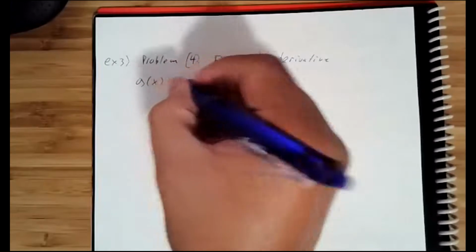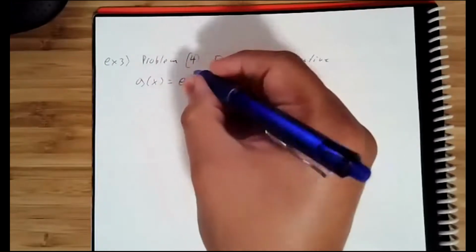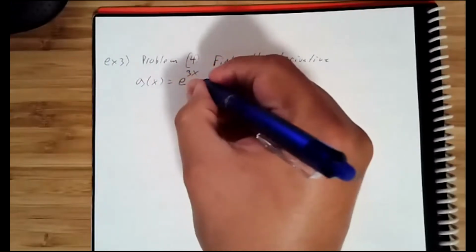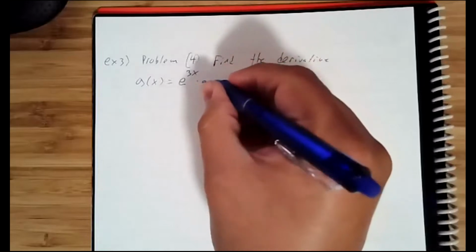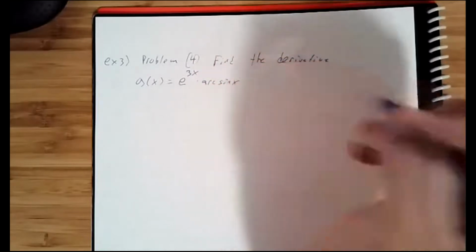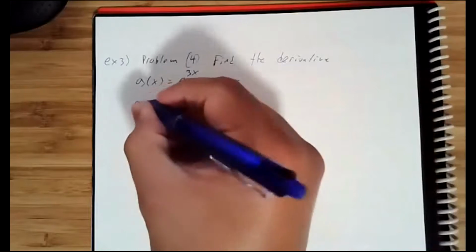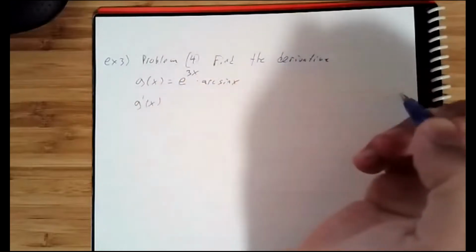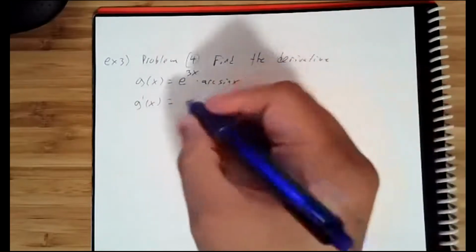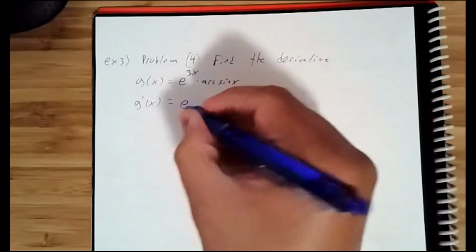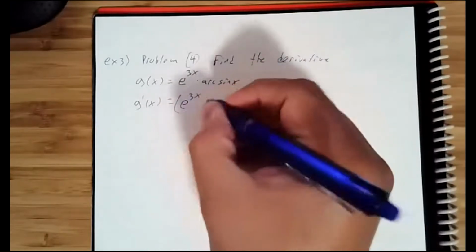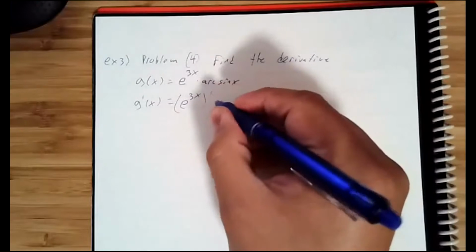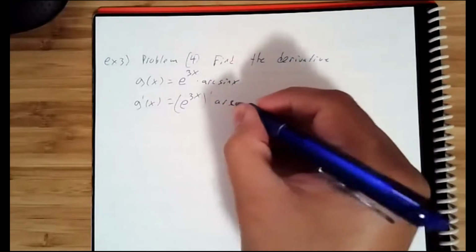So g of x is equal to e to the 3x arc sine x. So the derivative will be a product rule, which will be the derivative of the first term. I'm going to show the formula first before I do the derivatives.